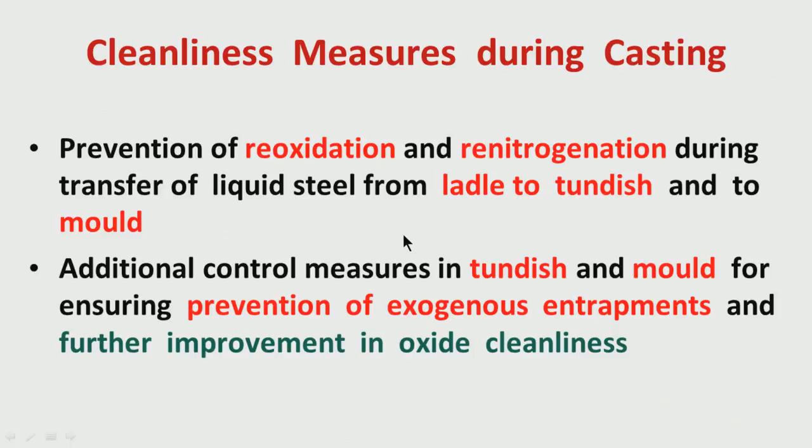Next, there have to be some additional control measures, like what I talked about in secondary refining. So, here also during continuous casting there have to be some control measures in the Tundish as well as in the continuous casting mold, for ensuring prevention of exogenous entrapments. The whole idea is we have taken a lot of care for producing good quality steel after secondary refining.